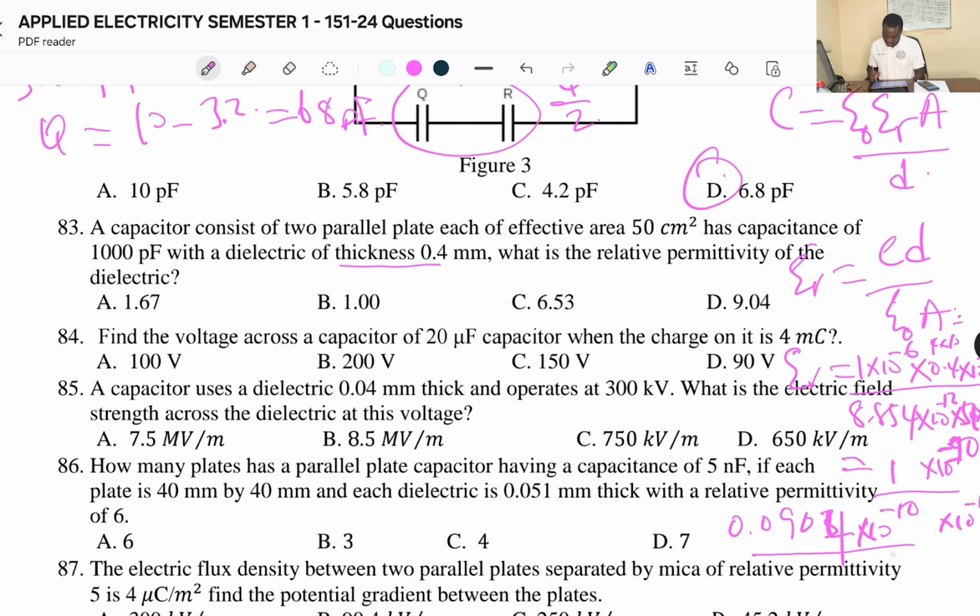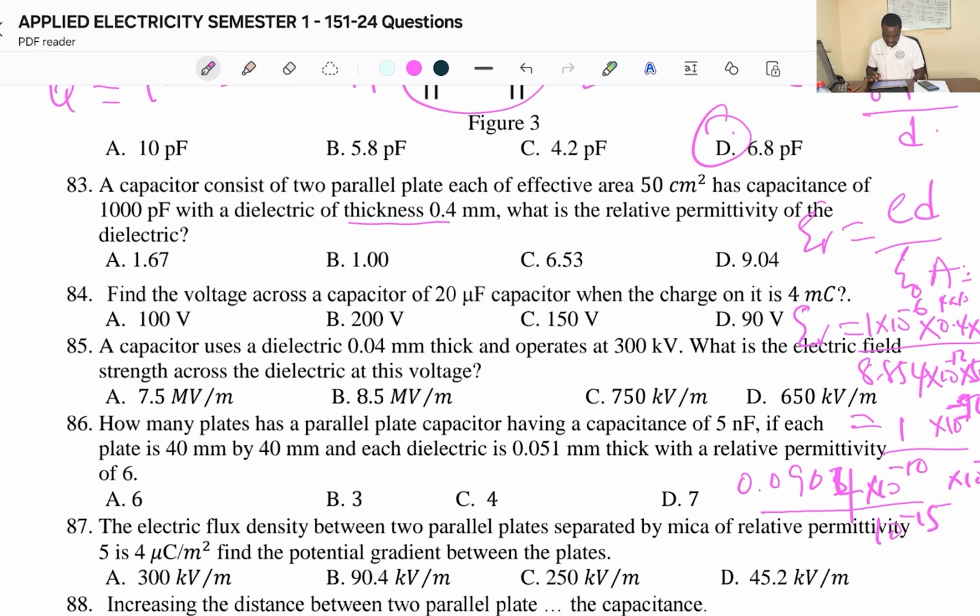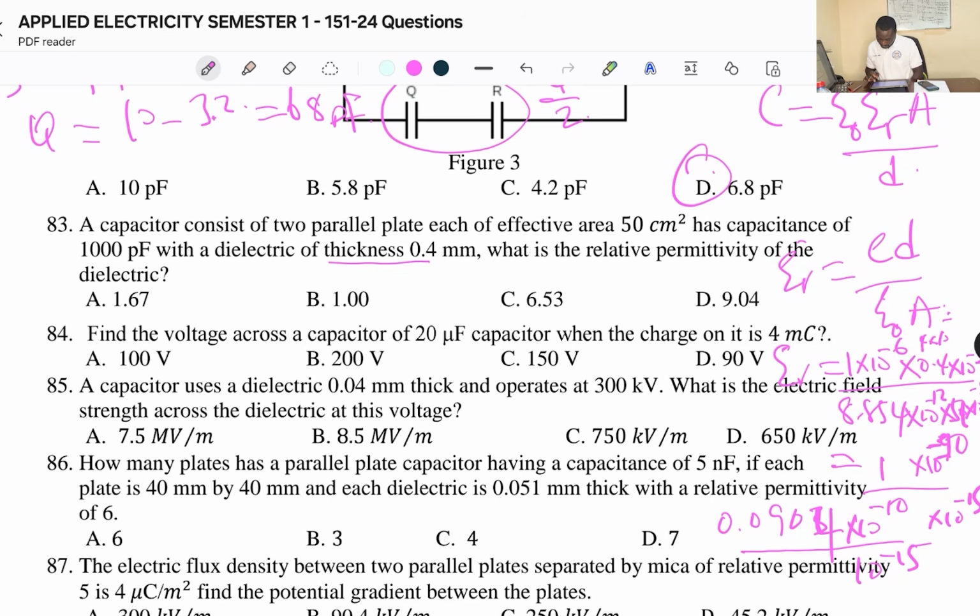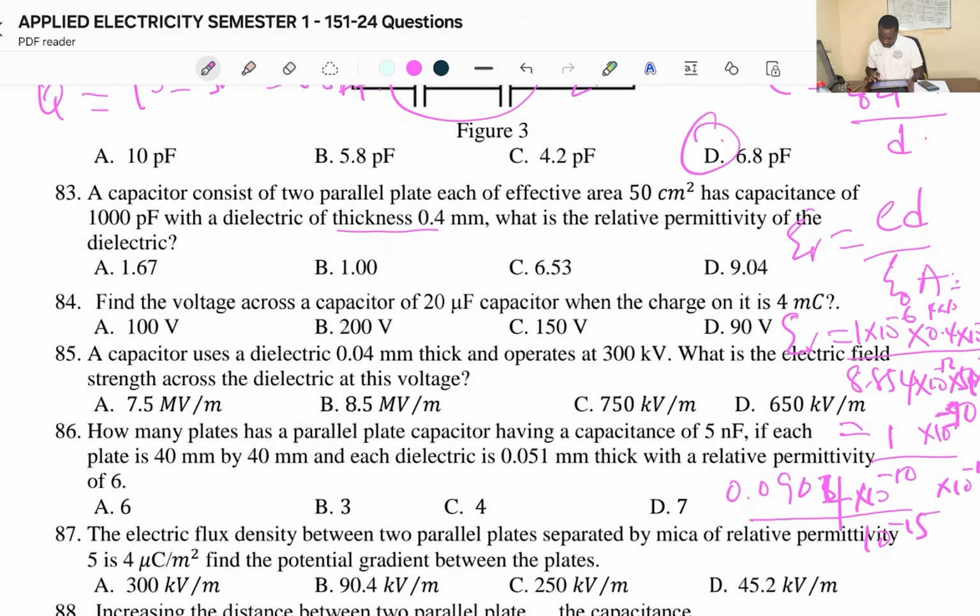Minus 10 over here, 10 to the power minus 15. So if we have this, we should end up getting something like D, right? The answer here should be equal to D.